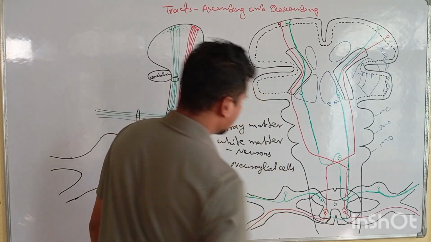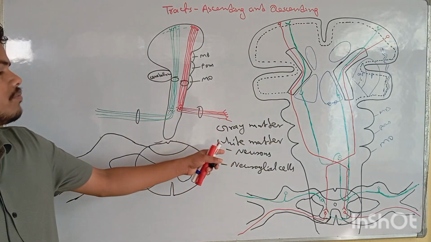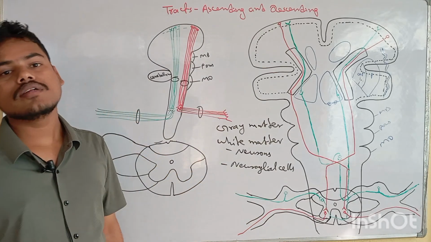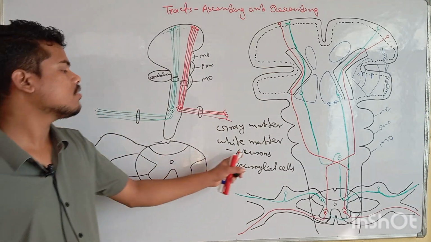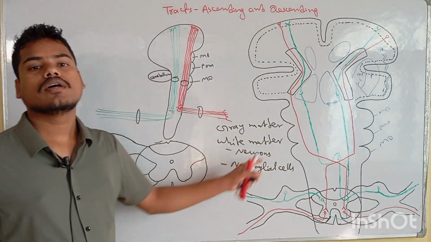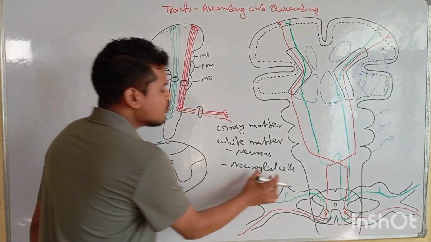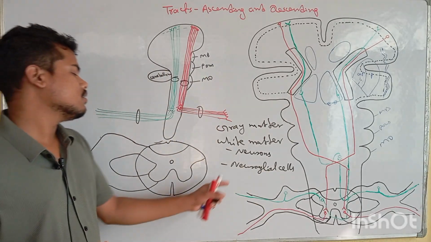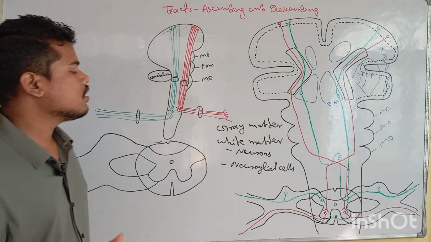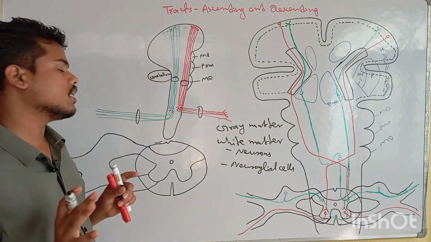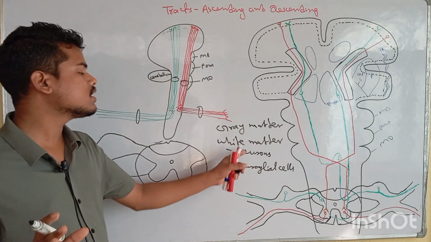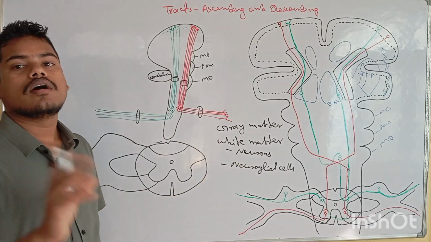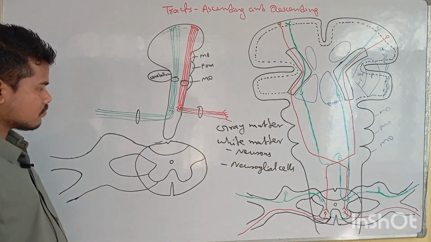Neurons are the functional component of the nervous system, and they also form the structural part too. And neuroglial cells, or neuroglia, are the supporting cells of the central nervous system, like connective tissue.